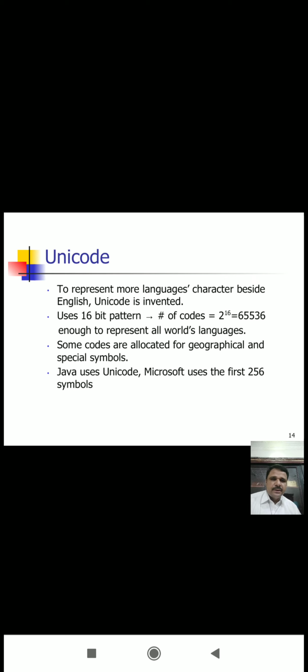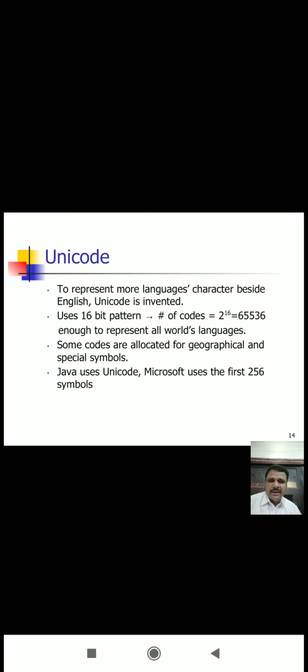It uses 16-bit patterns. So, when 16 bits are used, how many codes can be generated? Obviously 2 raised to power 16. I mean, you have to multiply 2 sixteen times. So, this is equal to 65,536 codes, which is enough to represent all the world's languages.